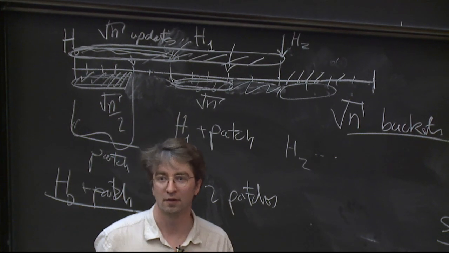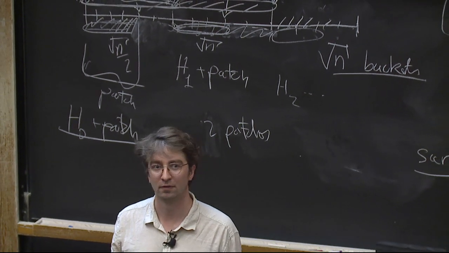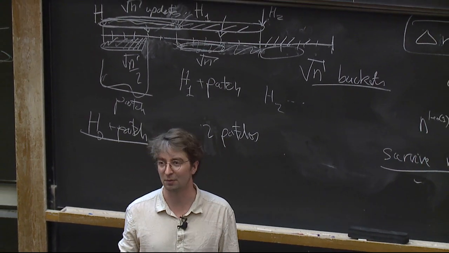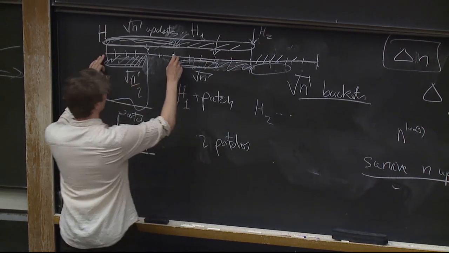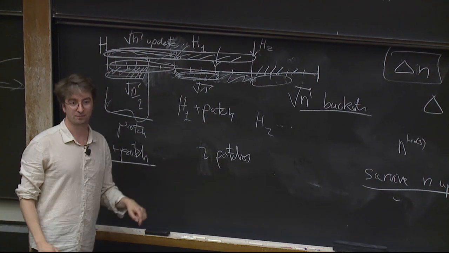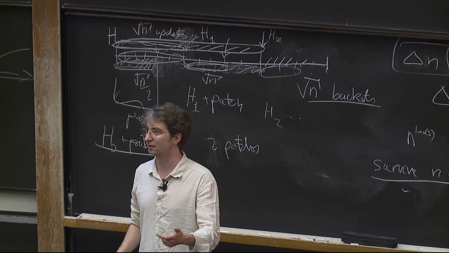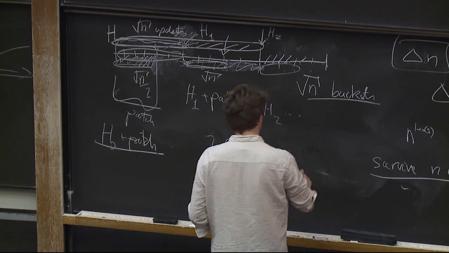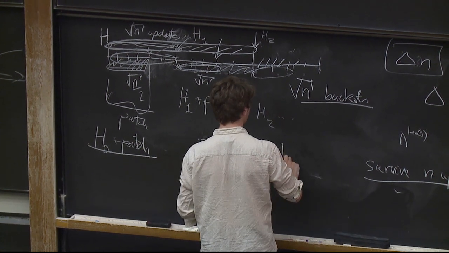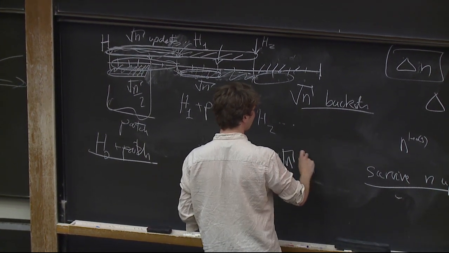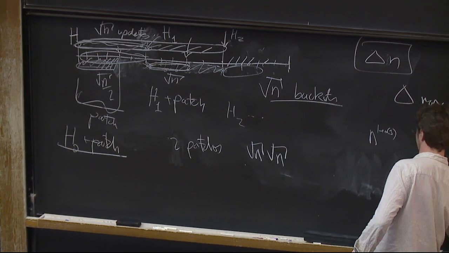Okay? And what is the overall running time here? Or the cost in terms of number of updates? Inside each bucket, I'm computing a patch with respect to square root n updates. And how many times am I doing that?